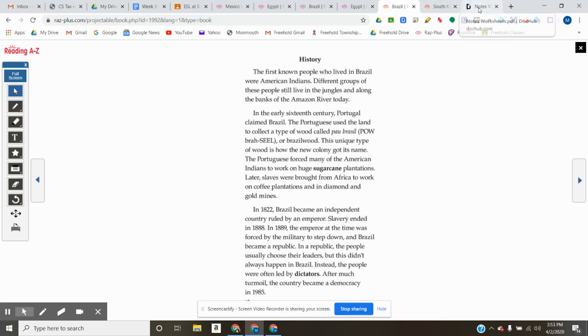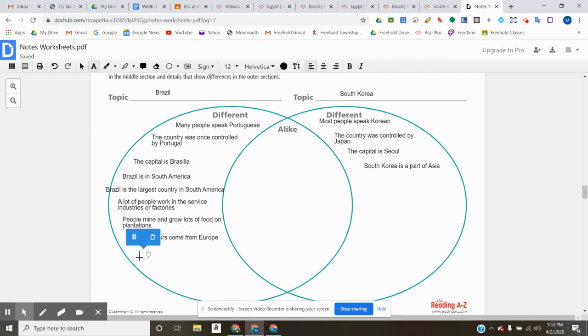There's a dictator. The other thing is that they were controlled by leaders until a democracy was created, which actually is the same for both, as we'll see with South Korea.